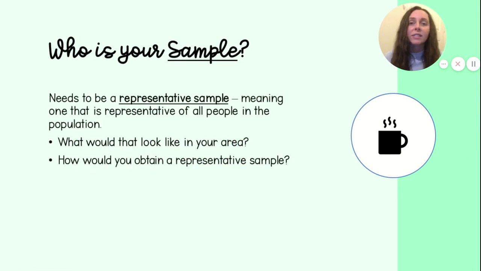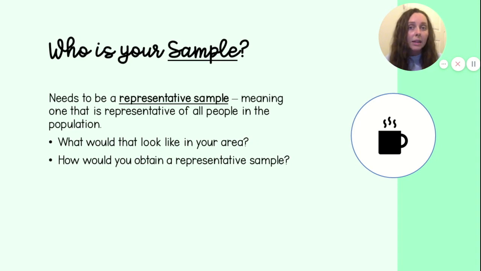So you have to have a sample. So what is your sample? How do you get there? Well, your sample needs to be representative of the population that you are trying to experiment with. So if we were trying to have a representative sample of the whole population of teachers at Creekview, what would that look like?